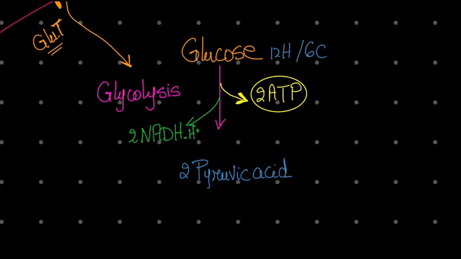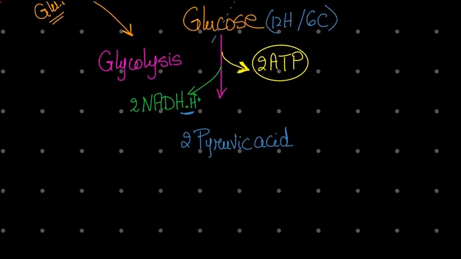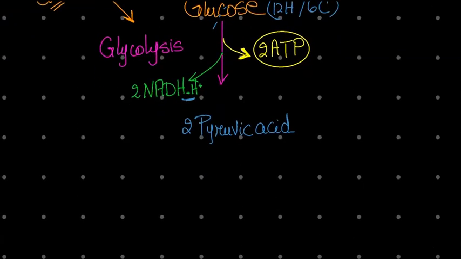So those 2 pyruvate, after I lose 2 hydrogens from the glucose, and I split the glucose into 2 pyruvic acids, this means what for me? This means that each of the pyruvate is still going to have 5 hydrogens and 3 carbons. You've got 2 of them, remember. You've got 2 pyruvic acids.